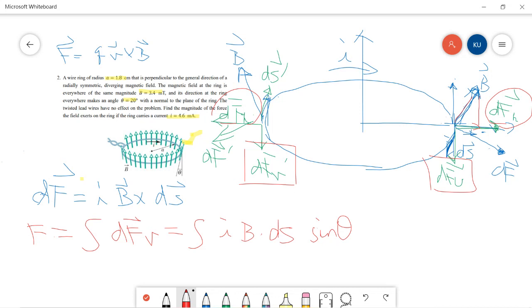As long as B points in this direction and then crosses with ds, it will point in the downward direction.